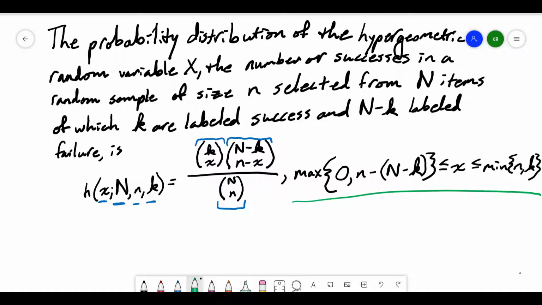These maxes and mins that are bounding the x variable are all based on keeping these binomial coefficients so that I don't have negative numbers involved, and so the number in the upper position that I'm choosing from is always greater than or equal to the number in the bottom position of items that I am choosing from that population. So we can use this equation now to help us solve problems.